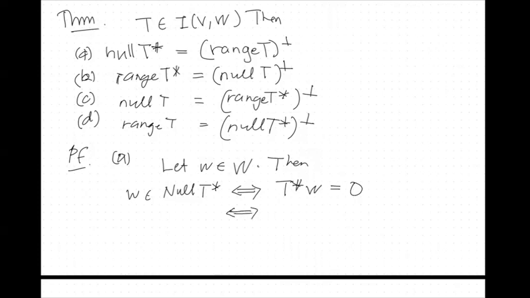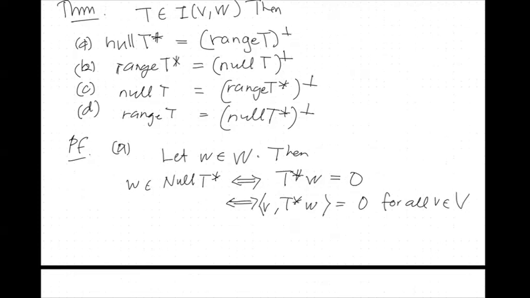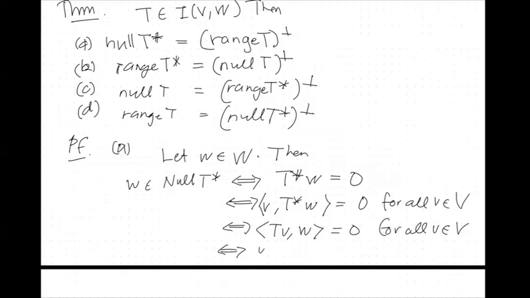This happens when the inner product of T star W and V is 0 for all vectors V in V. And this is also true when the inner product of TV and W is 0 for all V in V, which is also true when W is in the orthogonal complement of the range of T.